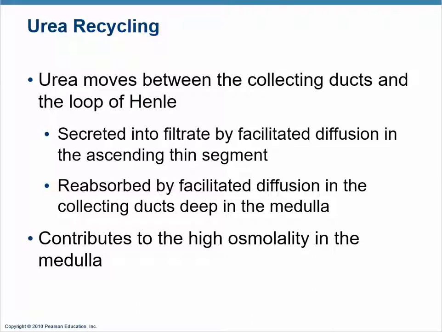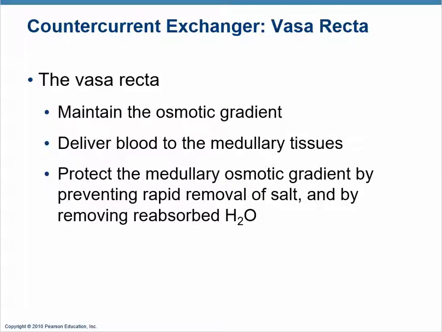Now, the vasa recta, which are the peritubular capillaries, the straight ones of the loop of Henle in the juxtamedullary nephrons, they maintain it by not reabsorbing a lot of the sodium, but reabsorbing a lot of the water.